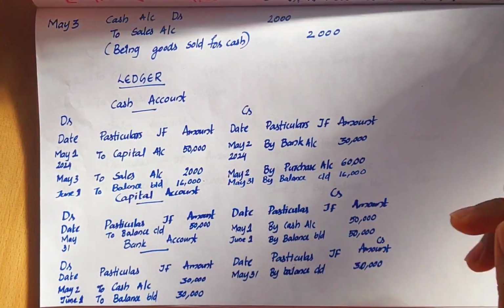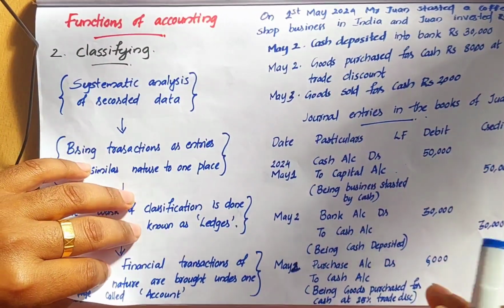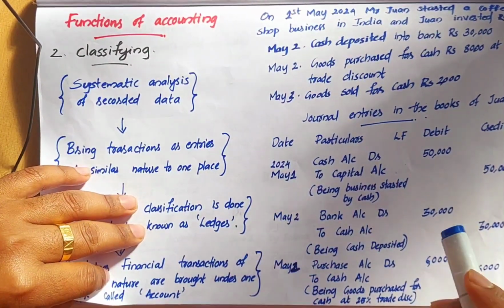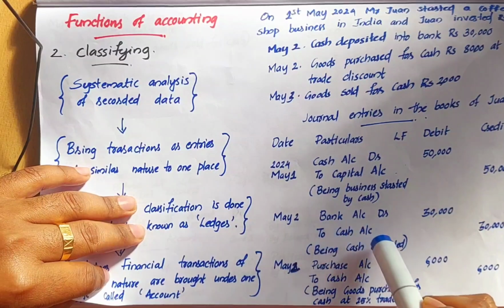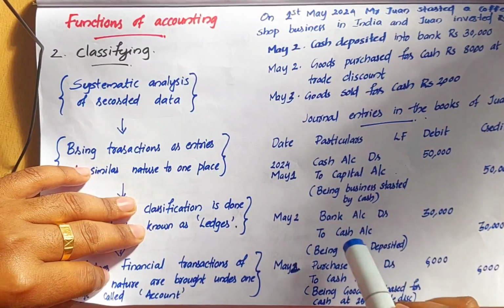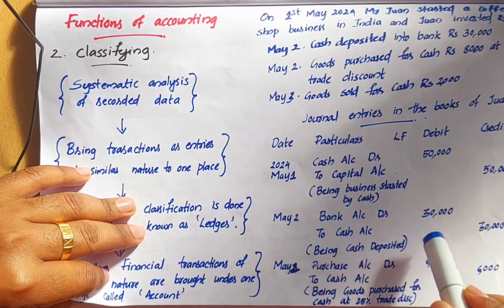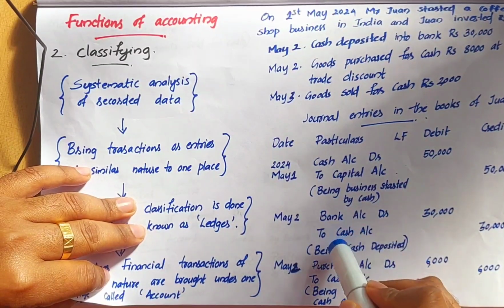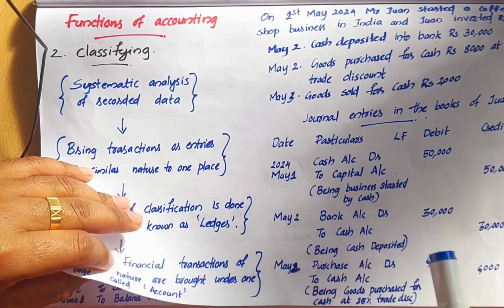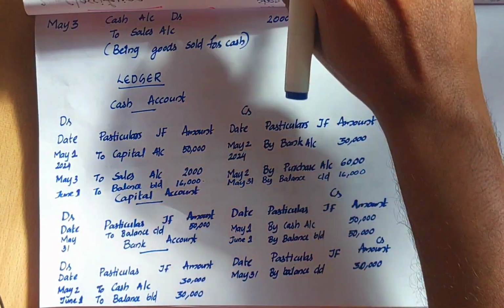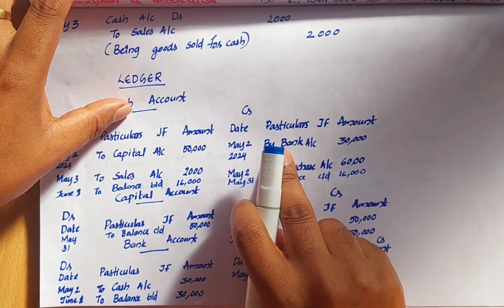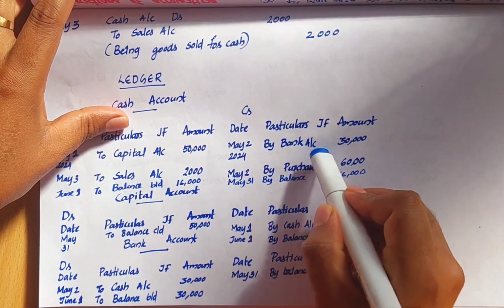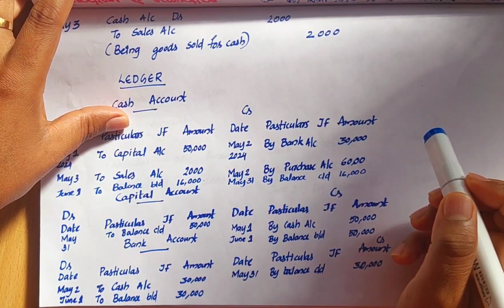Okay, now the next cash related transaction, May 2nd: bank account debited to capital account credited. So here cash account is credited, so we need to go to the credit side of the ledger and we need to write by bank account 30,000.